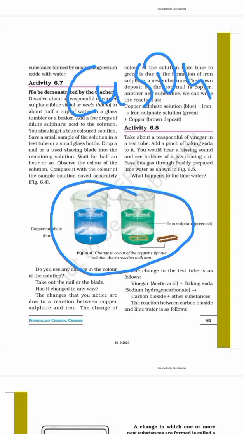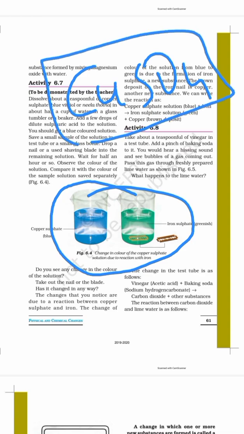You don't have to remember this formula right now. It may be depending, but it is CuSO4. It's good if you remember it, and you are learning this for the first time. In 8th standard, you will come to know what is valency, what is atom, what is cation, what is anion, and how the CuSO4 formula is formed.